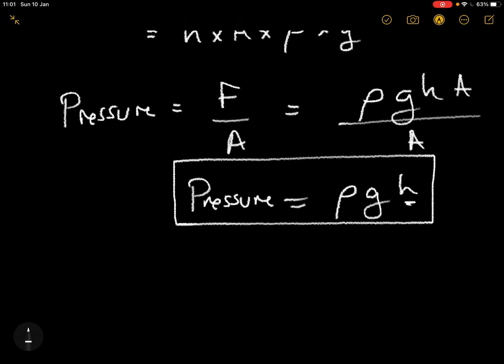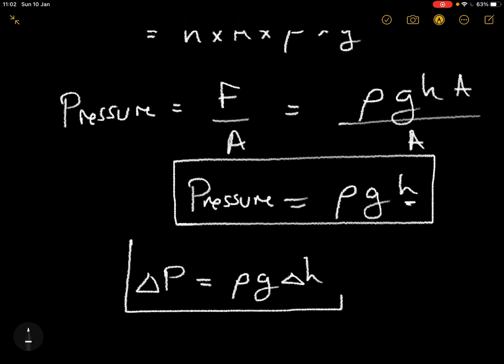Given things can often move up and down underwater, this is sometimes written as a change in pressure equal to rho g change in height. That may be the other way that you see it written. But the idea is that as you move up and down, you can get a change in the pressure.